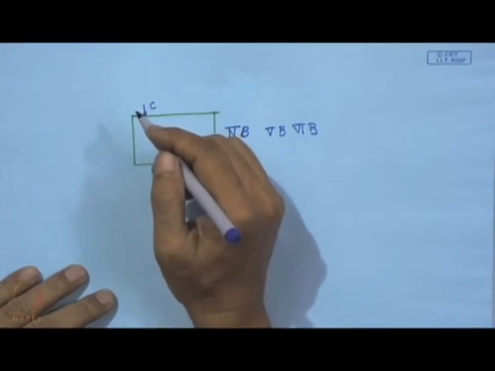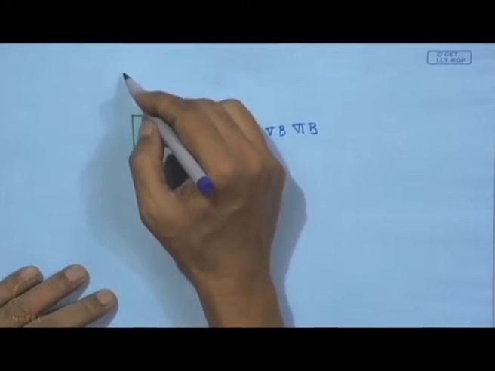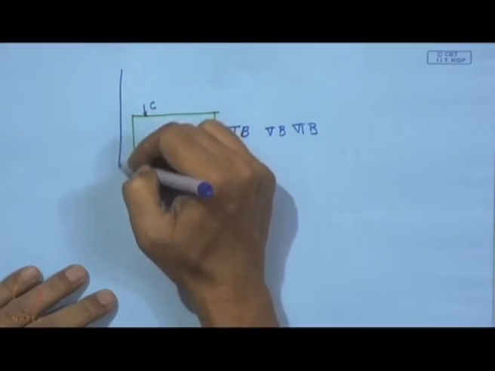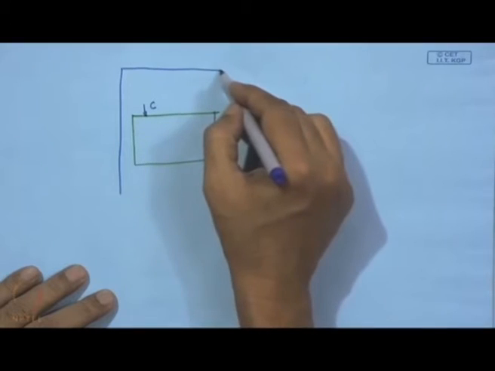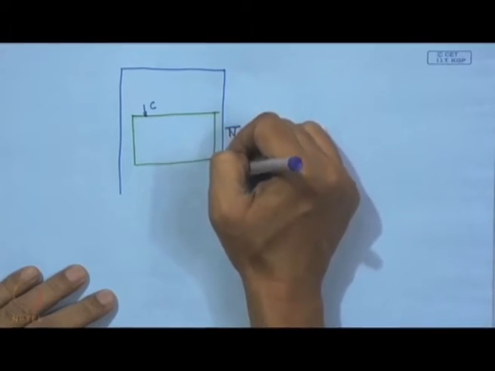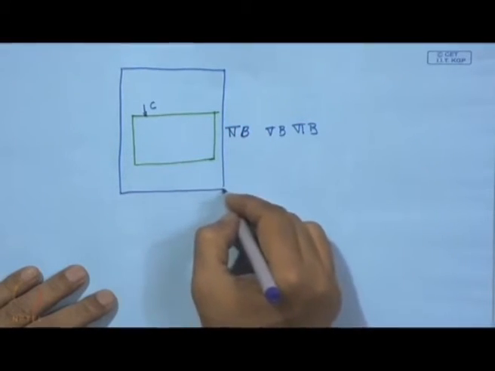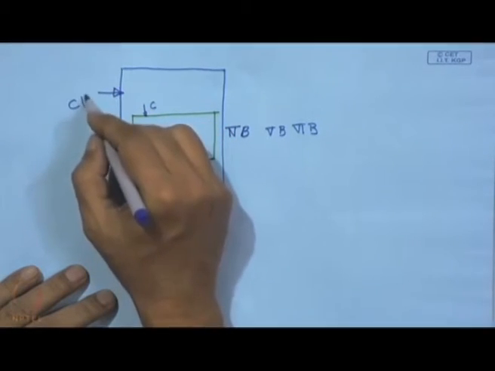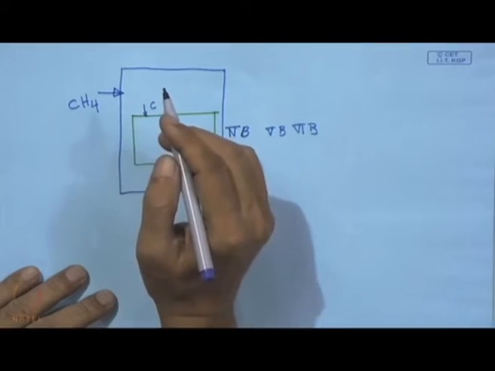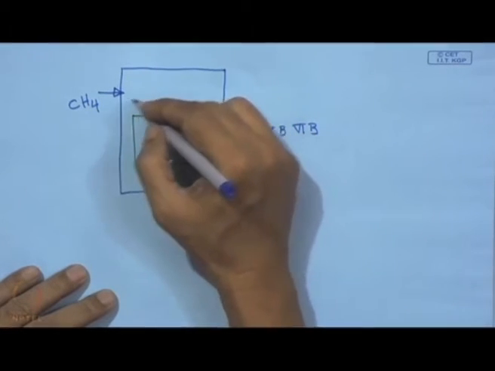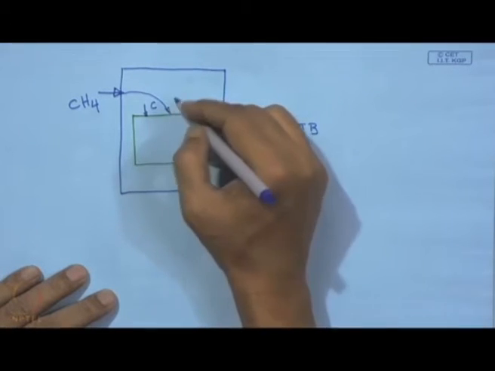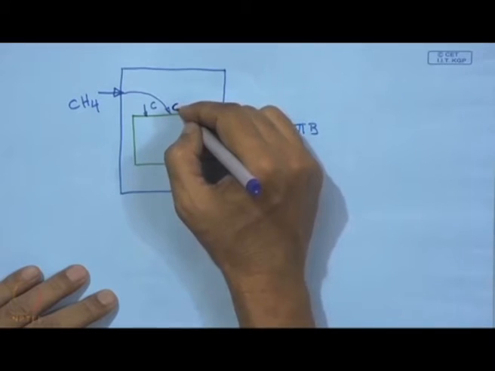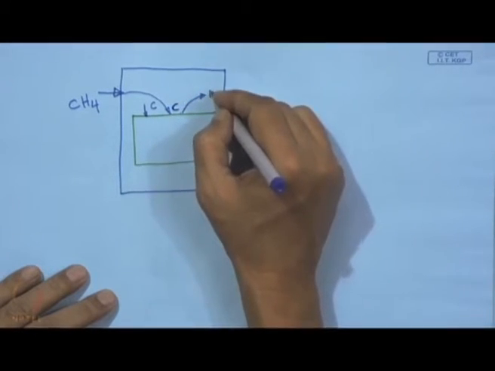Now, in case of conventional carburizing, what is necessary? It is actually a thermally activated process. Thermally activated process means we must have one furnace, and then reasonably we can put inside a stream of CH4, which will be thermally activated on this surface, leaving carbon and depositing carbon here and leaving hydrogen.